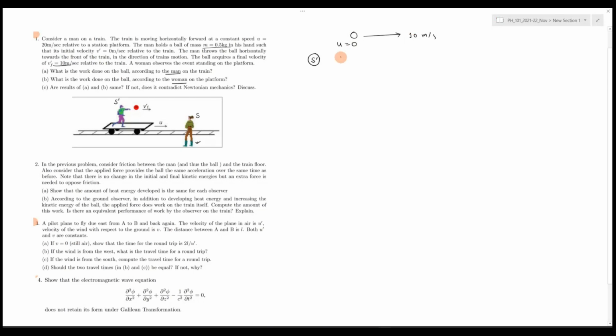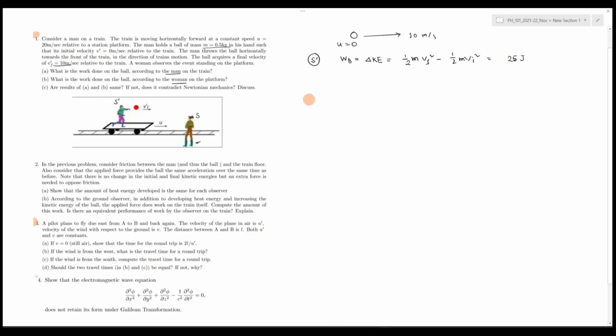The work done is the change in kinetic energy: half m v final squared minus half m v initial squared, half into 0.5 into 10 squared. Substituting the values, it comes out to 25 joules.